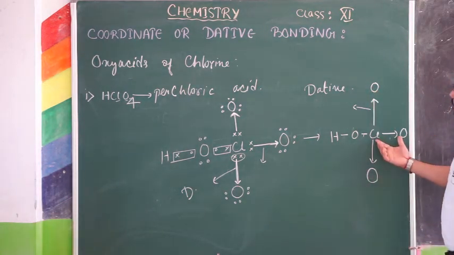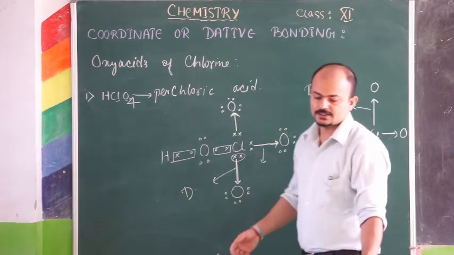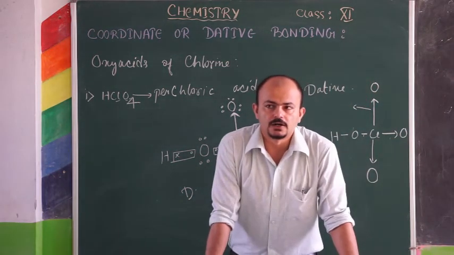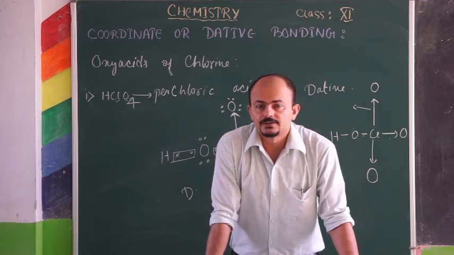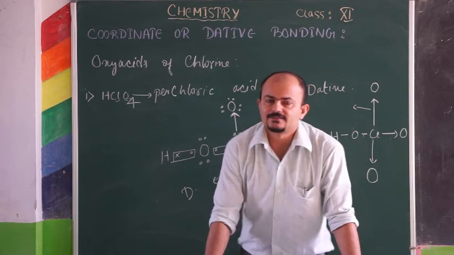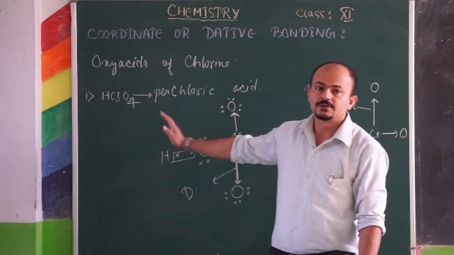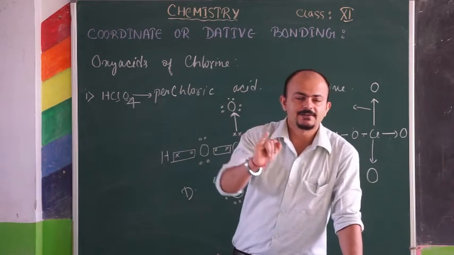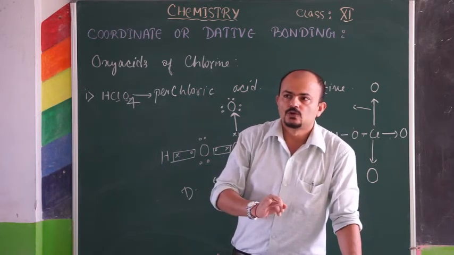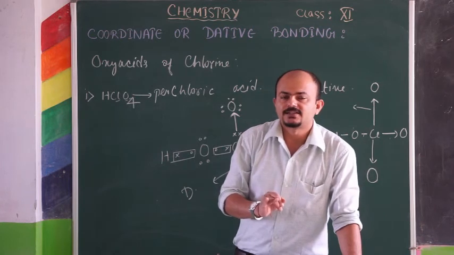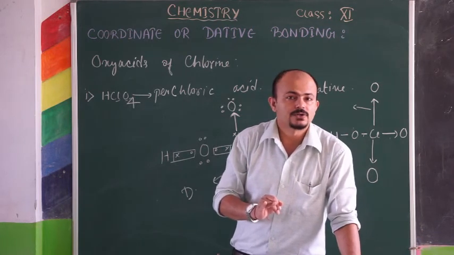Okay, so you will be asked to draw the structure of oxy acids of chlorine. So you need to practice it properly. This is very simple if you just remember the sequence. The first one, hypochlorous acid, did not have any dative bond. Then chlorous acid had one dative bond or coordinate bond.